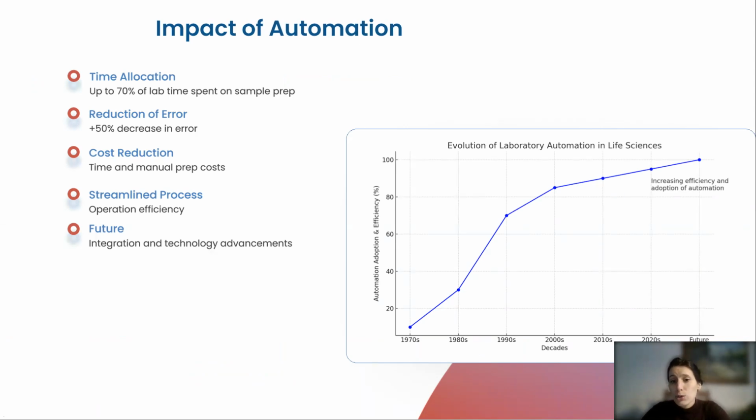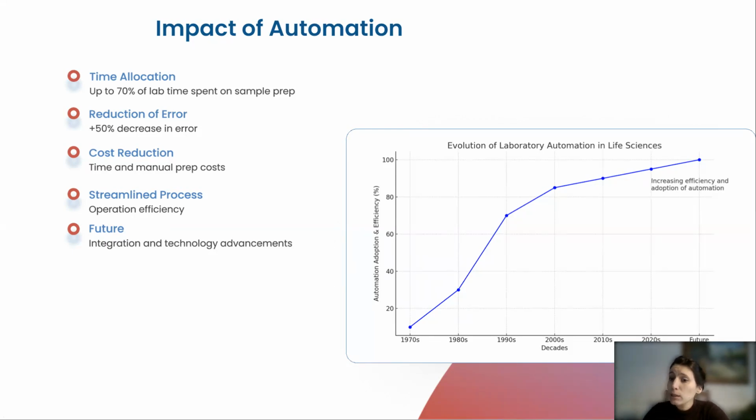So another thing to mention here is the impact of automation. I basically plotted a graph to the right-hand side showing how laboratory automation has really changed the efficiency in a laboratory setting. So you can see there was a pretty significant growth between the 1970s to the 2000s.